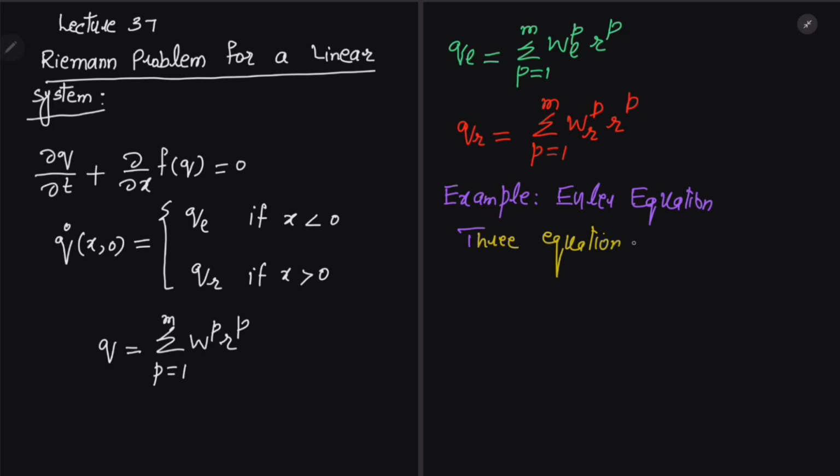It means that P is equal to 1, 2, 3. So we have three waves. Here we have written Q left and Q right for M waves.